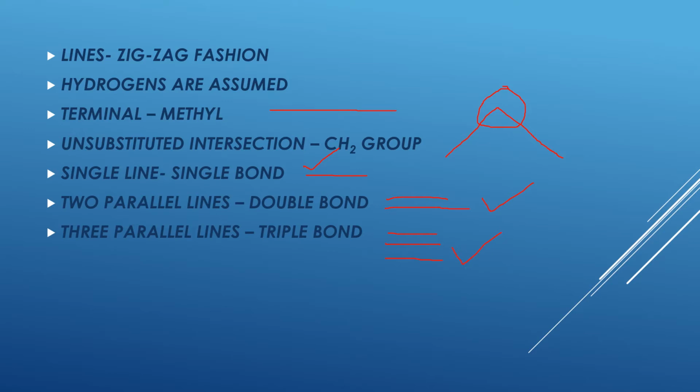So let us see some examples of how to write the names of compounds if they are given in the form of a line system. Now this one, what do we write? We understand this as CH3 CH3, so what will we write here? Ethane. Yes, ethane. What about this one?